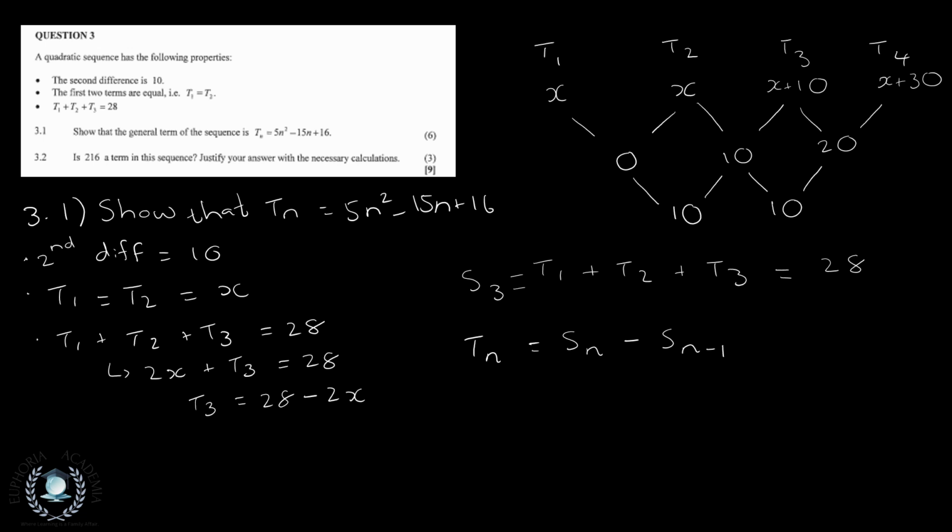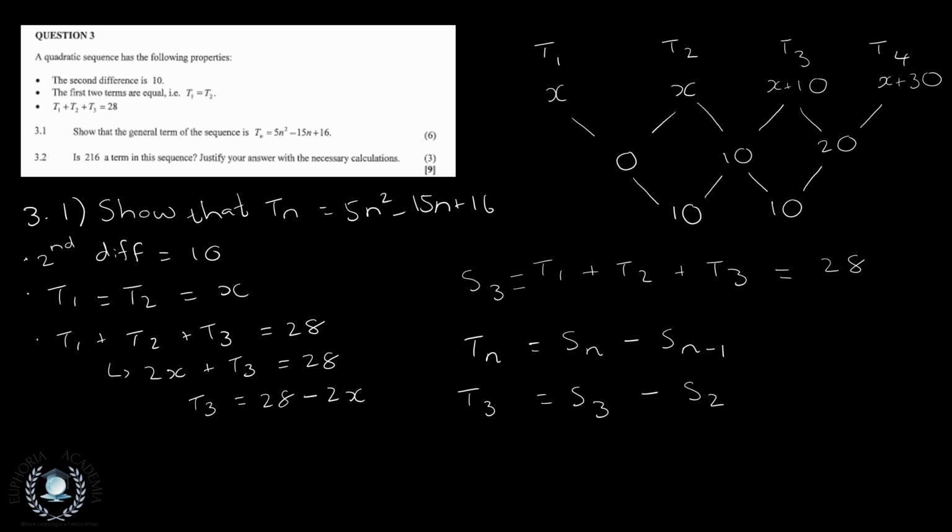Alright, so we already have an idea of what our T3 is. So our T3, let's just try and find it: the sum of the first 3 terms, S3, minus S2.